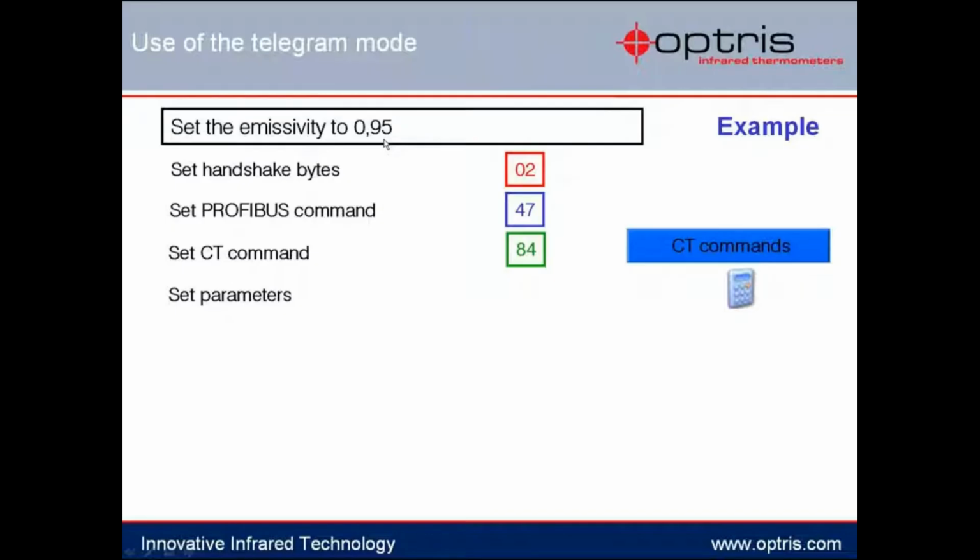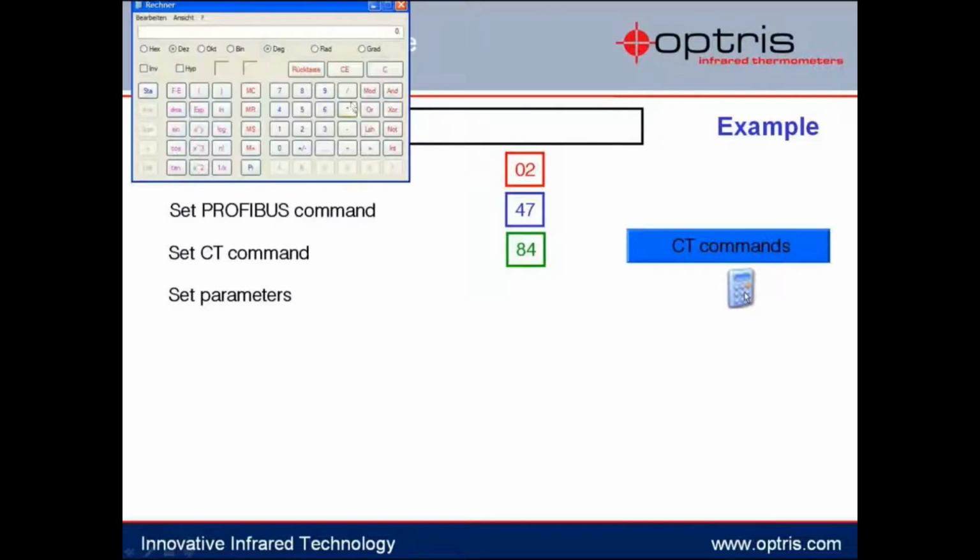As we cannot transfer floating decimal numbers, the value 0.95 must be multiplied by 1000. We will then receive the value 950 as a decimal digit. This value needs to be converted into a hexadecimal figure. We will open the Windows calculator to do so.